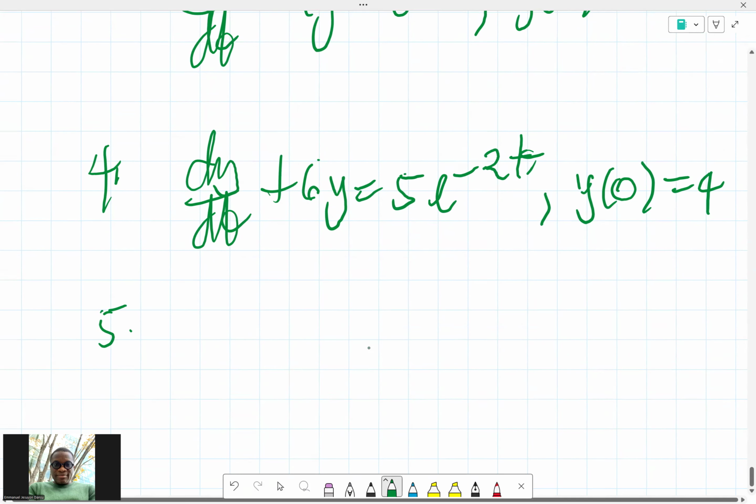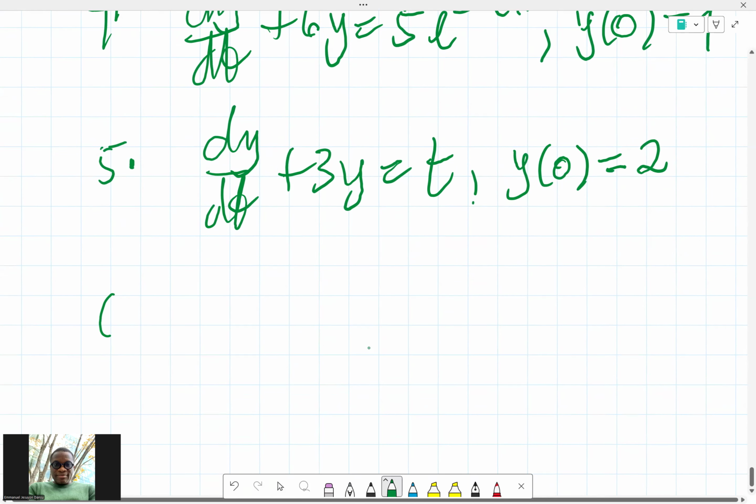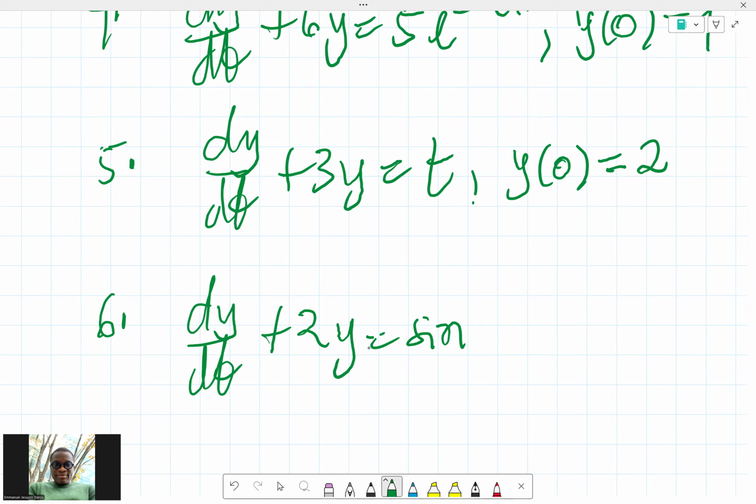Number 5, dy/dt plus 3y equals t, y of 0 equals 2. Number 6, dy/dt plus 2y equals sine t, y of 0 equals 1.